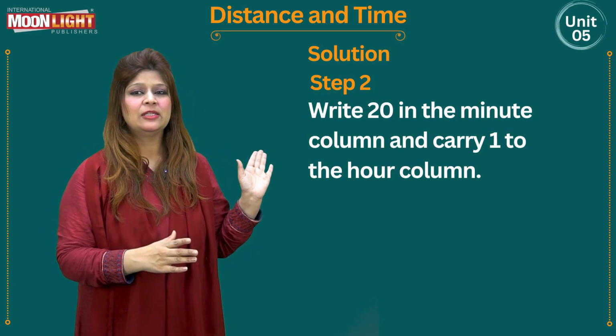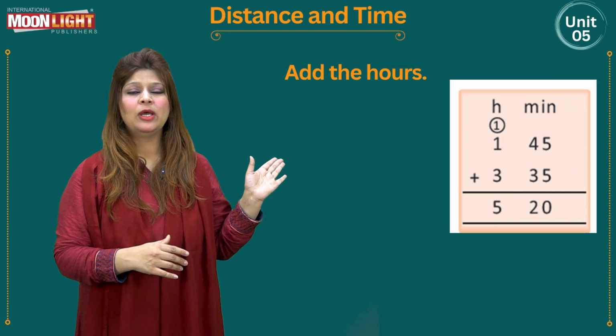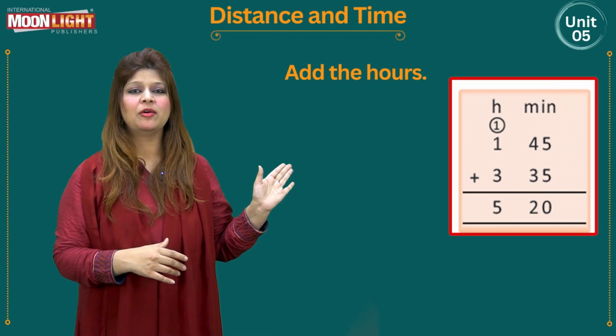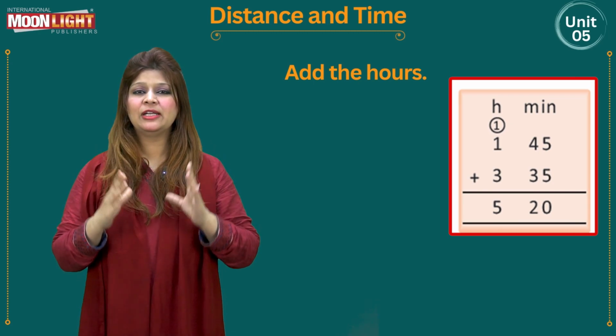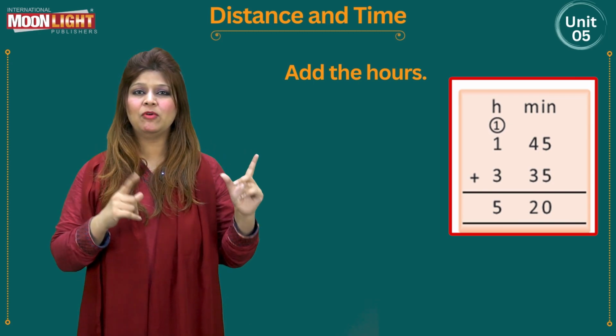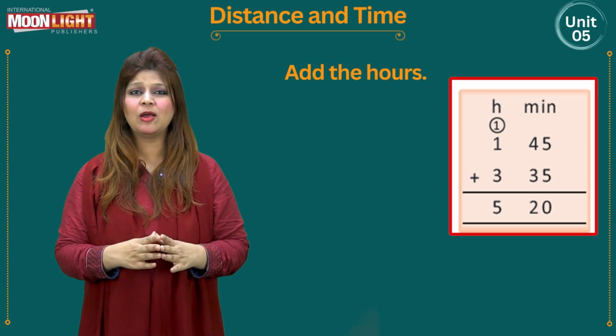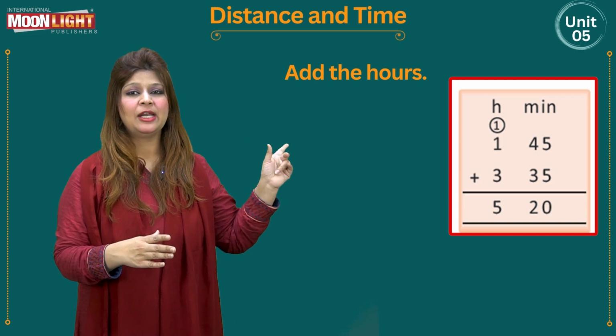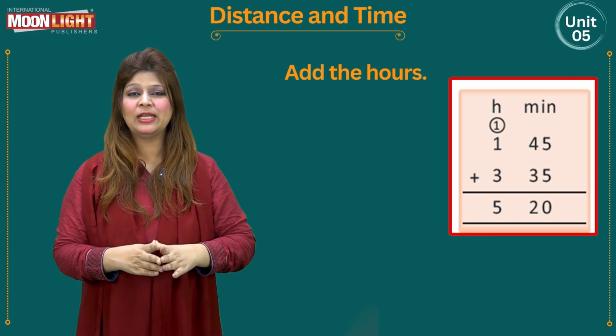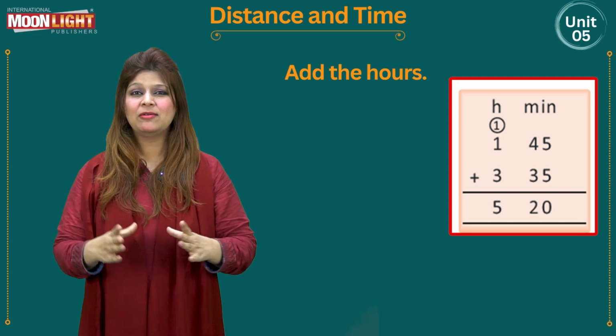Here it is, this one. I am going to write 1 hour 45 minutes, 3 hours 35 minutes. So these 45 and 35 minutes are going to give me 1 hour and 20 minutes. We are going to write 20 here, and one carry will go up to the hour section.